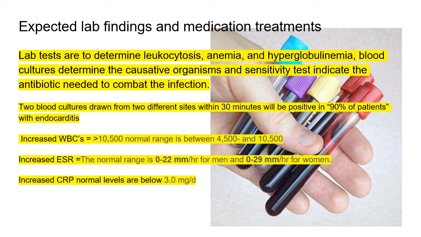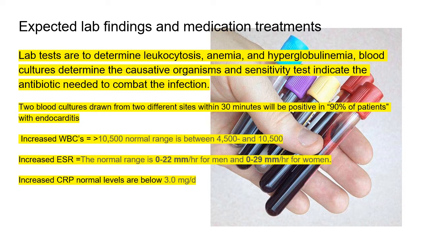Lab findings and medication treatments. Lab tests are to determine leukocytosis, anemia, and other blood issues. Cultures determine the causative organisms, and sensitivity tests indicate the antibiotic needed to combat the infection. 2 blood cultures are drawn from 2 different sites within 30 minutes of each other.